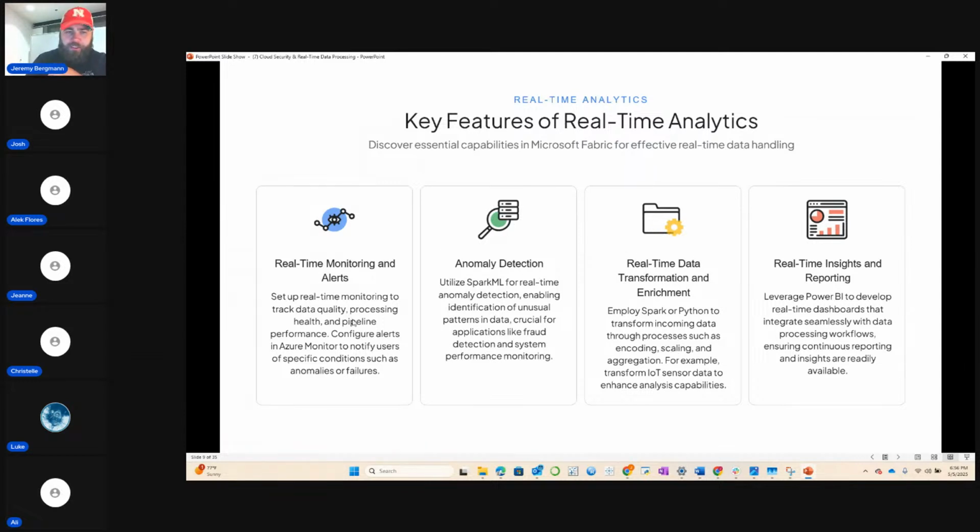Anomaly detection, we just talked about that. You can use Spark to detect those anomalies, which are outliers. That's often what fraud detection is: something very much an outlier compared to the normal transaction, and doing that in real time. Or identifying different patterns of unusual behavior, or even system or performance monitoring. Is there some behavior in the system that is way outside of the norm?